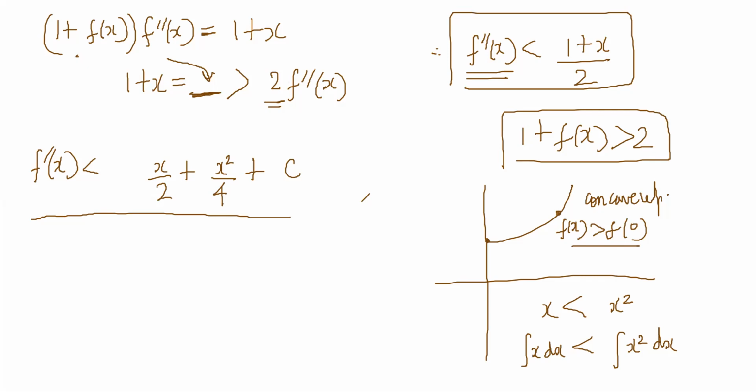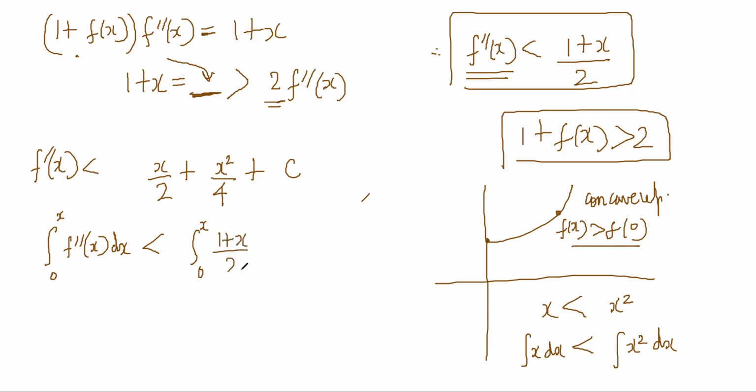Oh, here we are saying we are integrating between, suppose we did it a little more carefully. Suppose we integrated this properly from 0 to x, this one, from 0 to x of 1 plus x by 2.